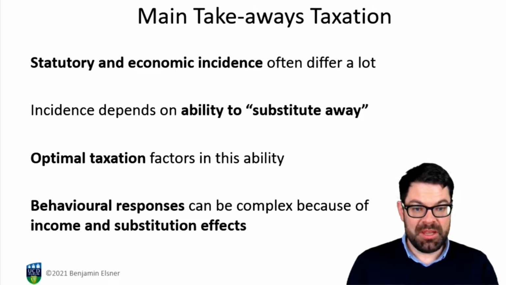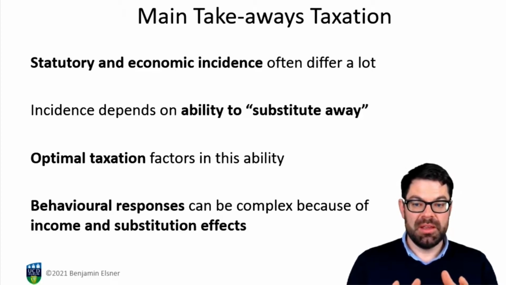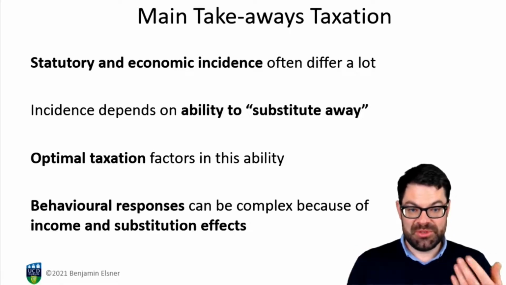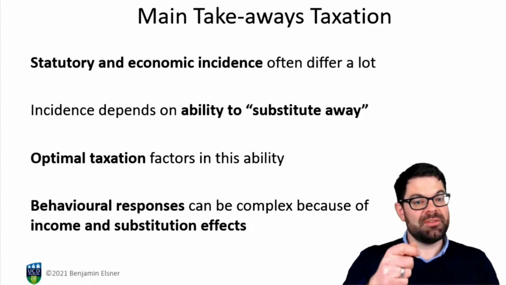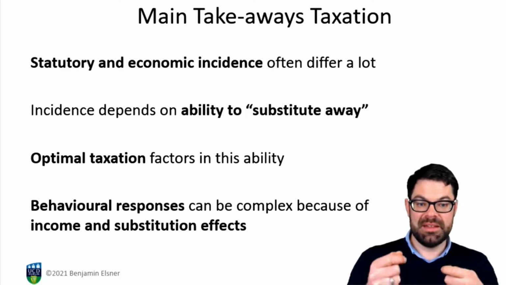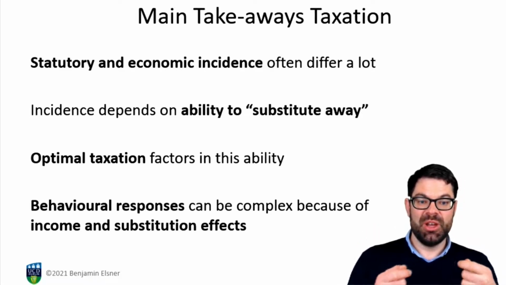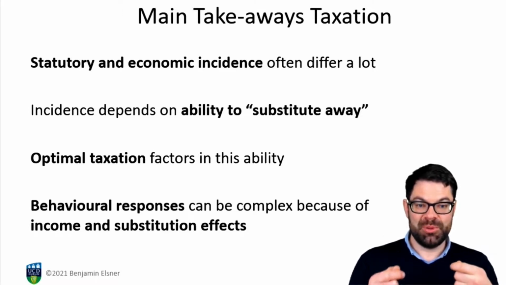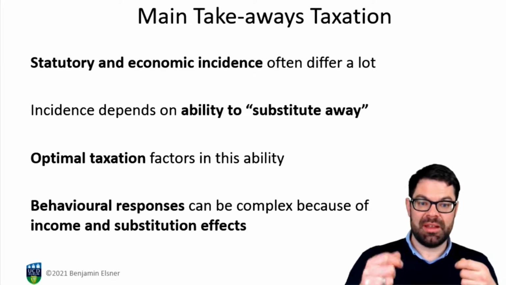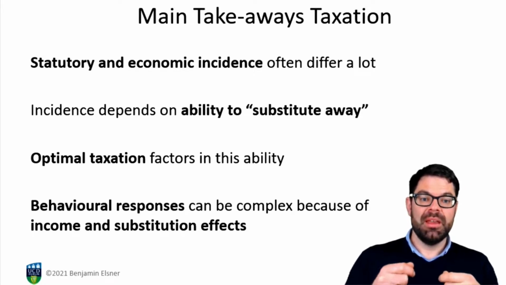Now, how those behavioral responses work depends on those two effects that are quite complex. So the substitution effect, meaning that relative prices change, and that then changes the amount of either good that people consume or how much they work and how much they consume.